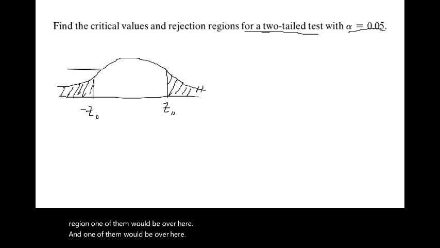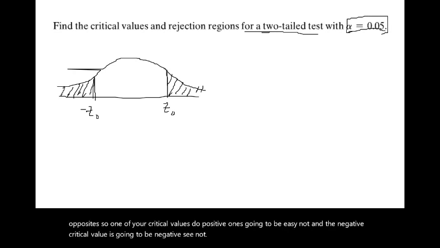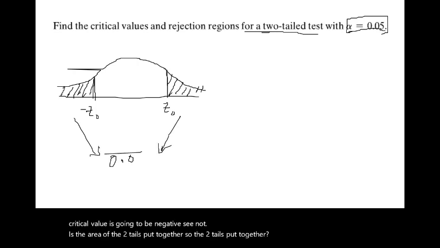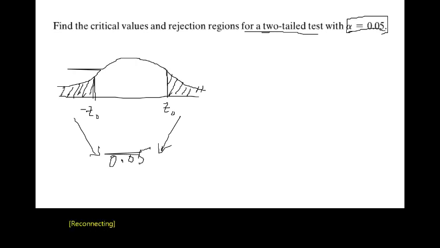So your positive critical value is going to be z0, and the negative critical value is going to be negative z0. Now, alpha is the area of the two tails put together. So the two tails put together have a combined area of 0.05. That means the area of each individual tail is 0.025.